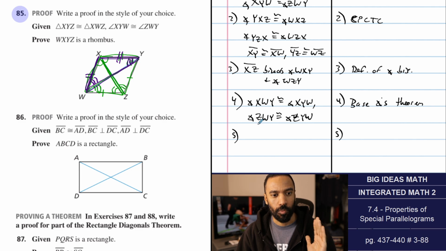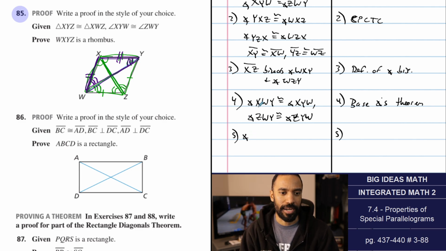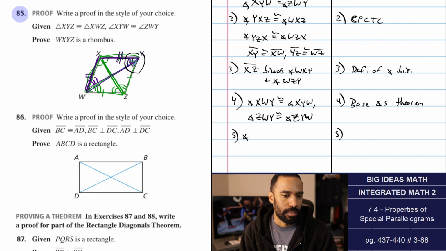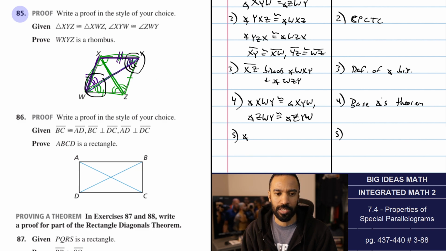So X, Y, W, they're drawn as such now. But now we can say that XYW is congruent to, see, I have to mark this one congruent here. XYW is congruent to WYZ, and XWY is congruent to ZWY.